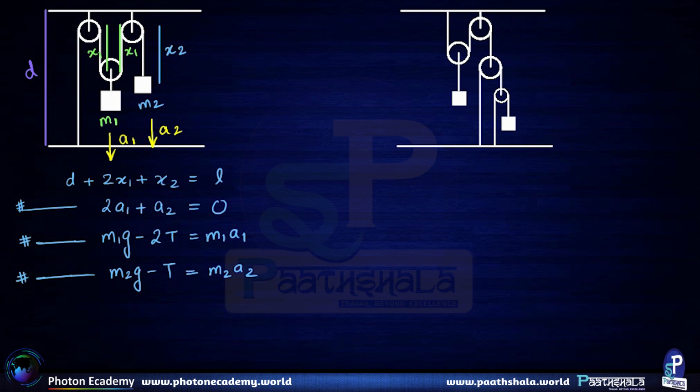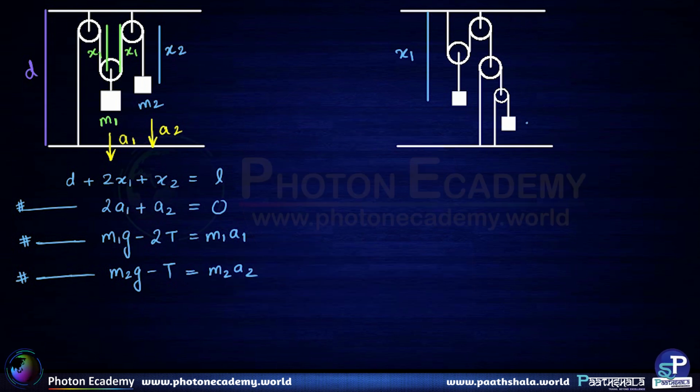So let us take here the distance from the mass m1 to be x1 and the distance from the mass m2 to be x2. In such a question, we need to analyze how many moving parts are there. Here we can see that there are 3 moving pulleys, 1, 2 and 3.